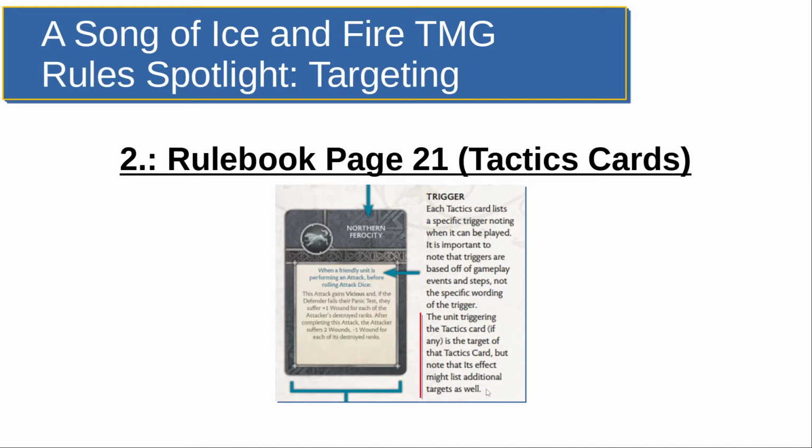There could be additional targets, in hindsight to the rule we had before. There could be things in the text that give the player receiving this a choice. Ferocity doesn't have a choice there for the player, but there could be effects where you have a choice of who is receiving them, and this is noted here. But always the unit in the trigger, if there is one, is targeted by the tactics card as well.